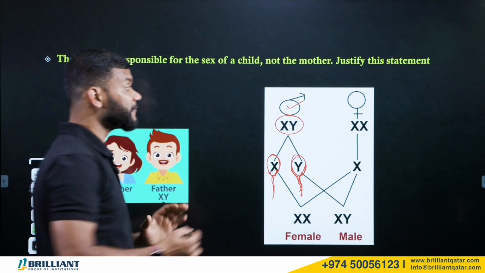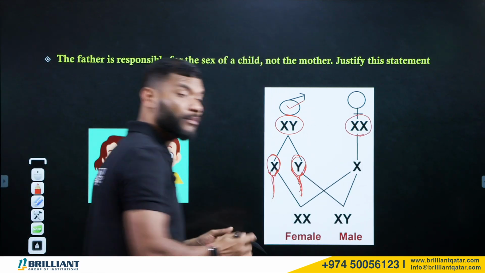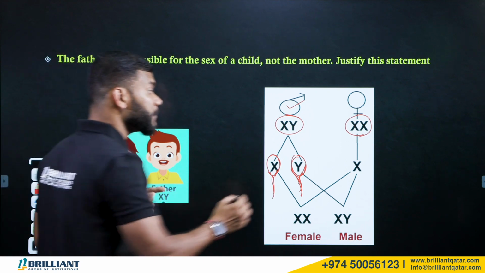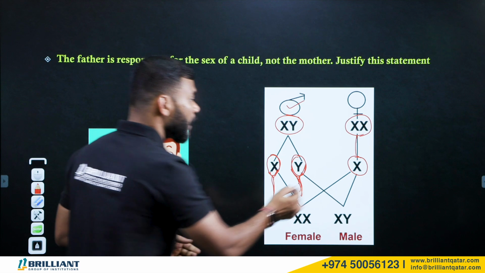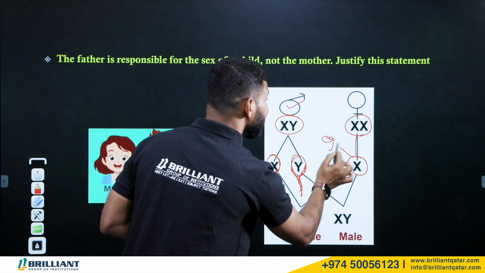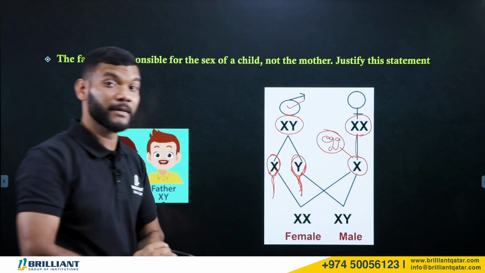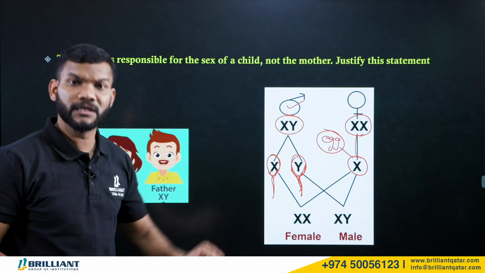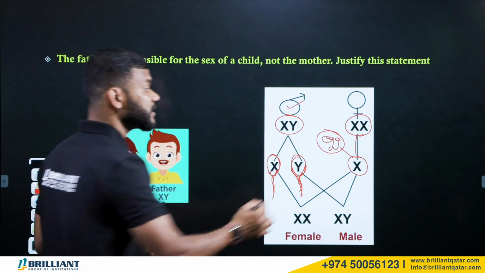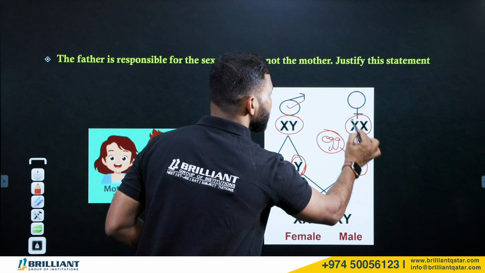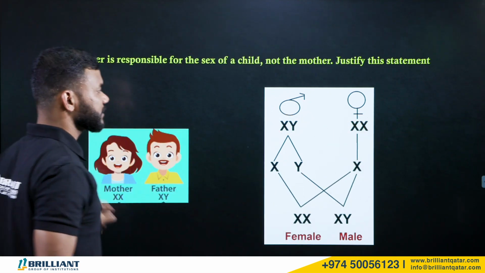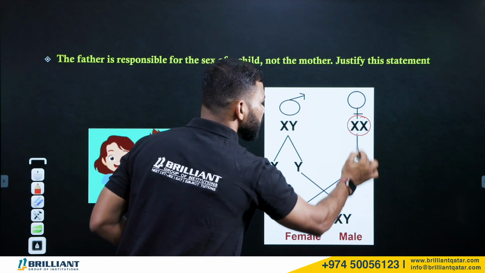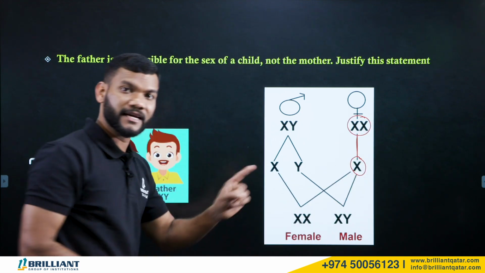But look at the female, whose chromosomes are XX. She produces only one gamete, and that also once in a month. One egg is produced, and its chromosome is X only, because she has both X chromosomes. So the female produces the egg with the X chromosome.